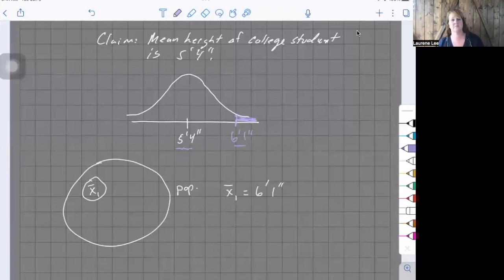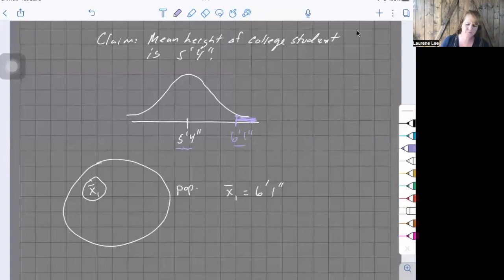And you know from the pictures that you were drawing that if you ran this through your normal distribution on your calculator, you would get a pretty small percentage. Like it would be probably like 0.01 or something like that. The chances that you pull a sample like that are very small. And that's that area under the curve there. That's the probability that the sample that you just pulled would happen again.